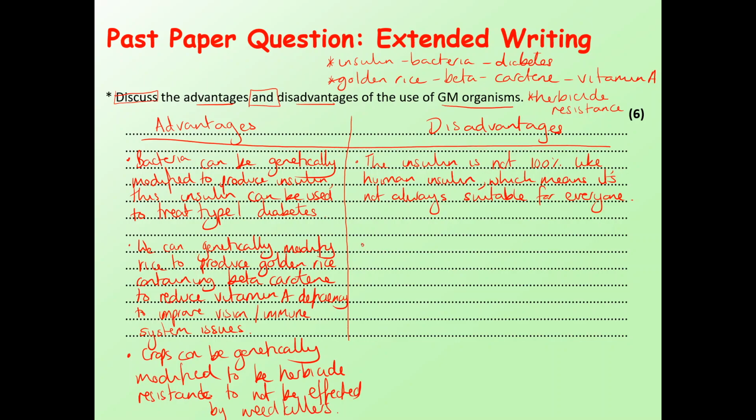There are concerns about genetically modified crops could crossbreed with other plants, which might lead to herbicide resistant weeds. Producing super weeds that cannot be then affected by any weed killers.